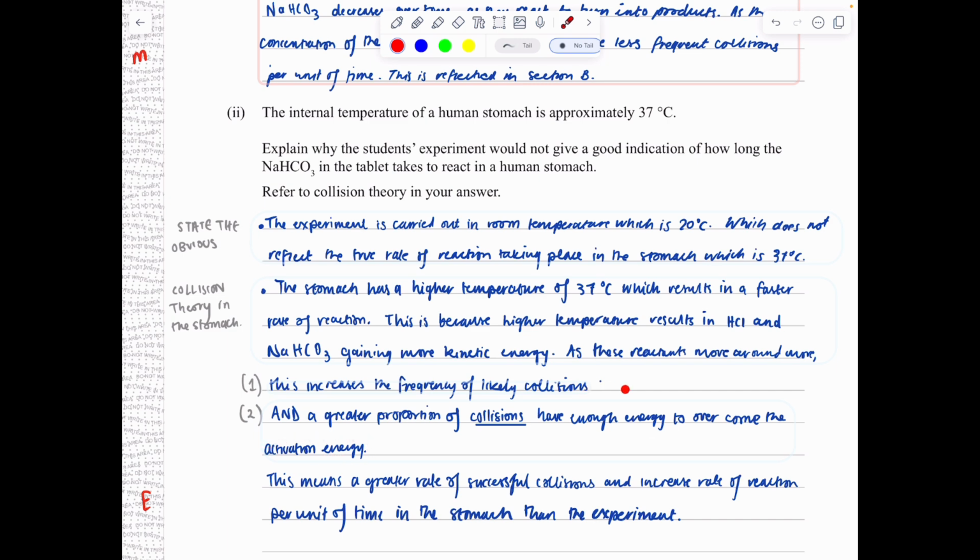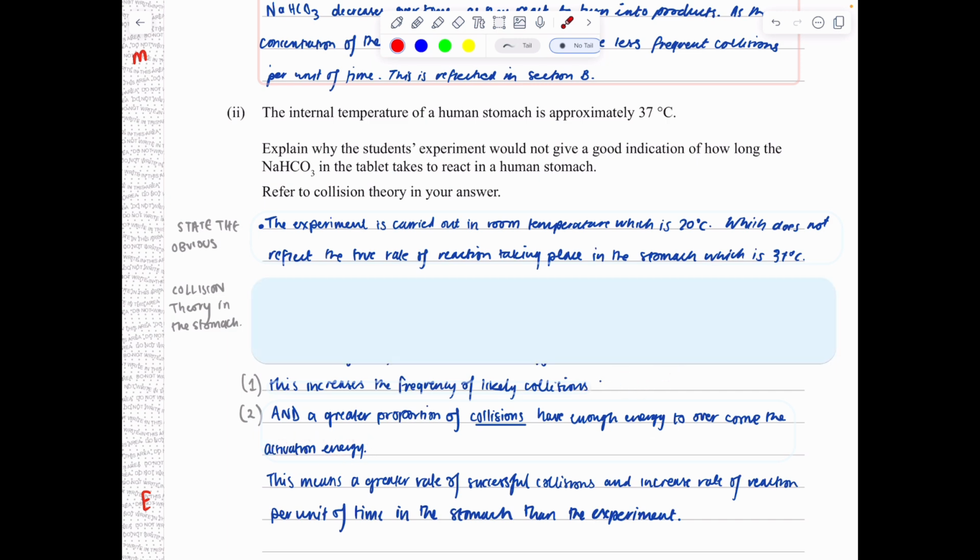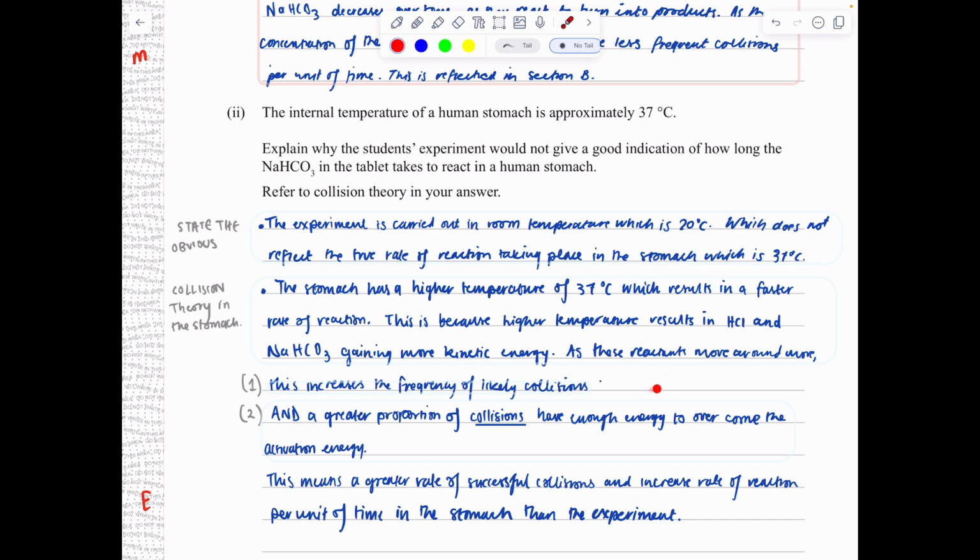So there'll be more collisions between these specific particles, HCl and sodium hydrogen carbonate, and more of those collisions will have enough energy to overcome the activation energy. Remember, the activation energy is the minimum amount of energy needed to kickstart a reaction.